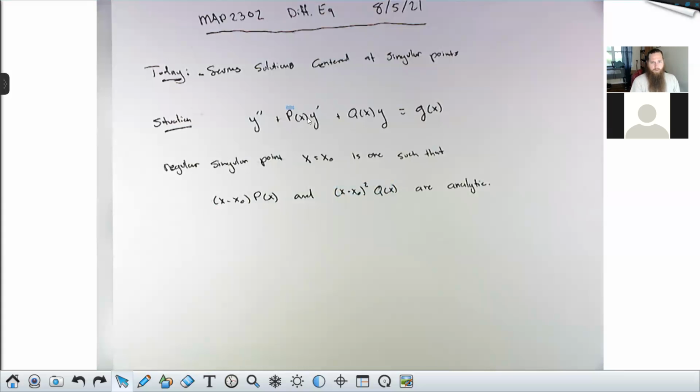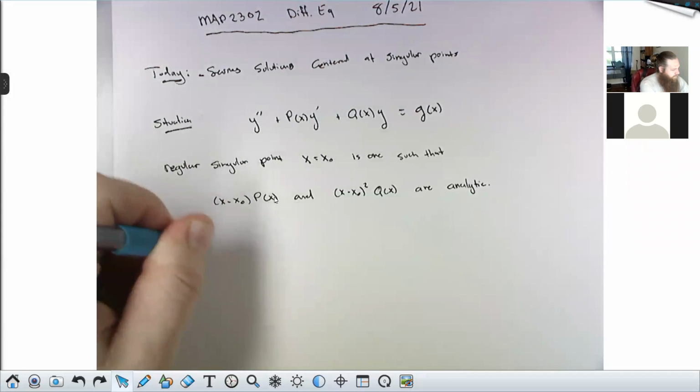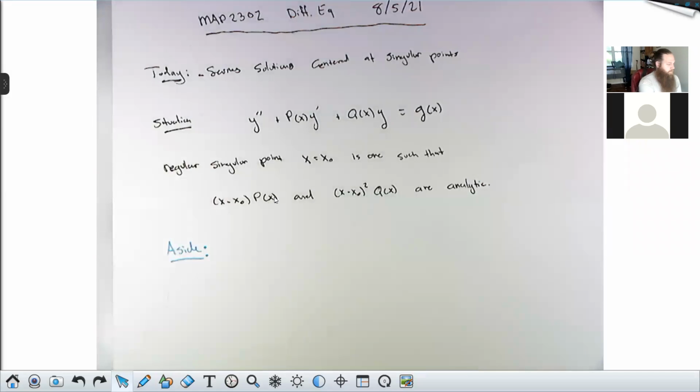And sort of the idea is because P is attached to the y prime and Q is attached to the y. How can I make this clear? Remember that taking derivatives of something, so just an aside, a little bit of what's going on in the background.